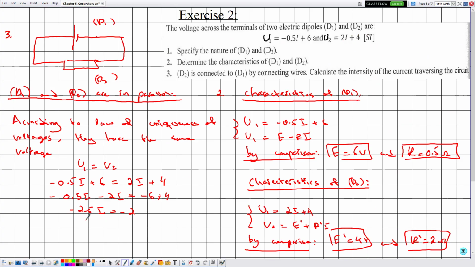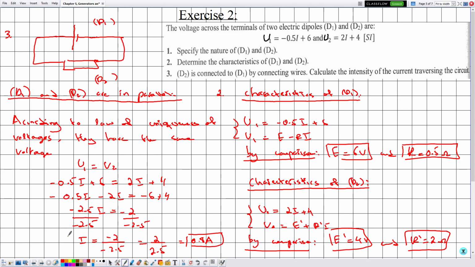For I, we divide both sides by the coefficient of I, which is minus 2.5. So I is given by minus 2 divided by minus 2.5, which is equal to 2 divided by 2.5. Plugging this into the calculator, the value of I is 0.8. Everything is expressed in SI units, so the value of I will be in amperes.